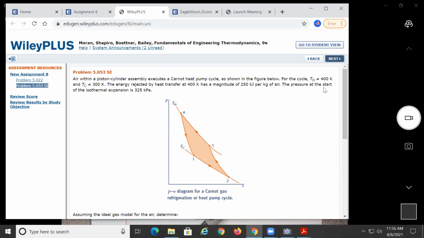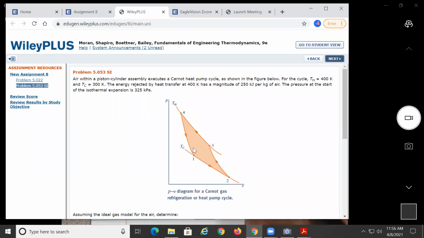The pressure at the start of the isothermal expansion. So both of them are an expansion. So expansion is 1 to 2, no? Yeah. Volume increasing. So I guess expansion is when the volume increases. So P1, P2, I guess that's what they give.